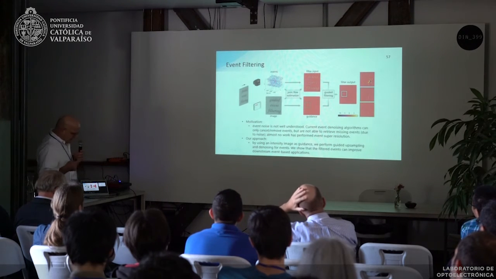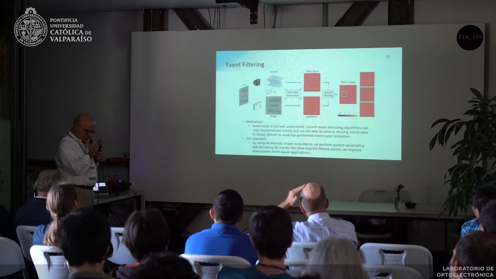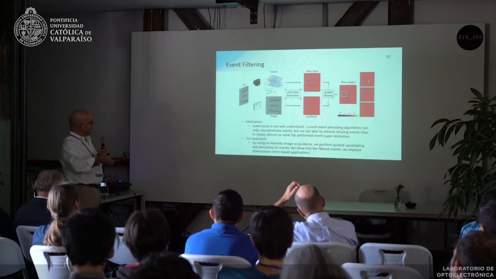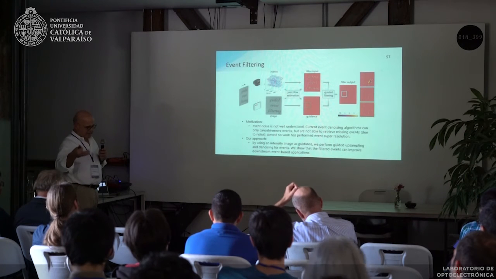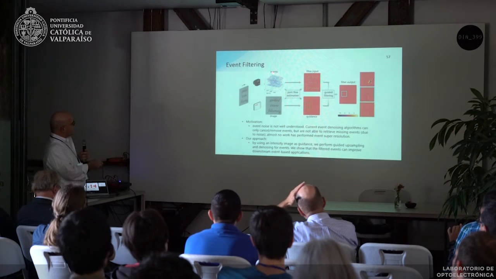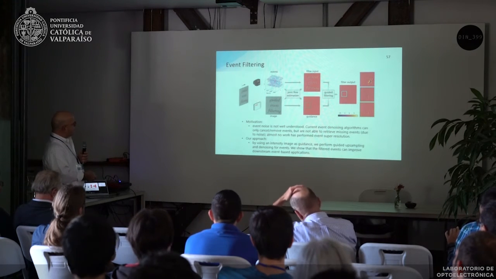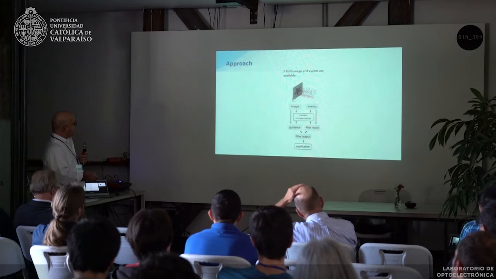Now, the other thing we do with events, we have quite some work with events that I'm going to talk about here. One is to have one frame and events and reconstruct the video intensities at a higher frame rate. Here we use event information and one image to filter the events, to sharpen them up.